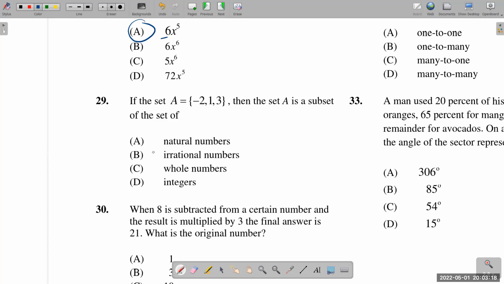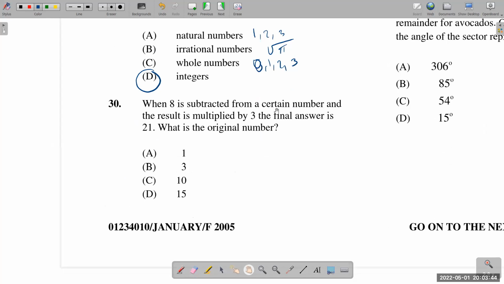Yep, it is integers, because integers are positive numbers, negative numbers, and zero. Whole numbers start at 0. Natural numbers start at 1. And irrational numbers are like the square root of pi and weird numbers. Okay, so the answer is D.